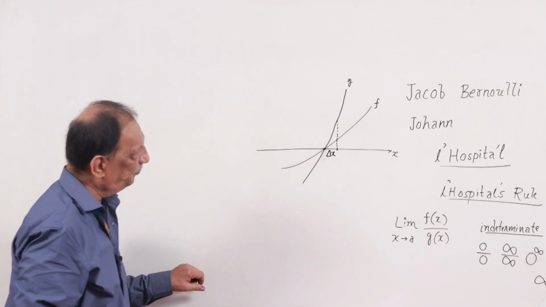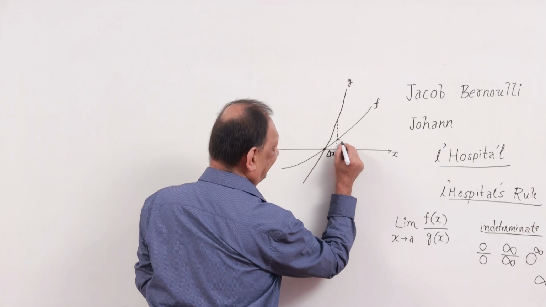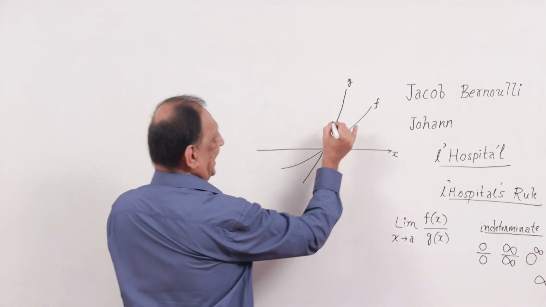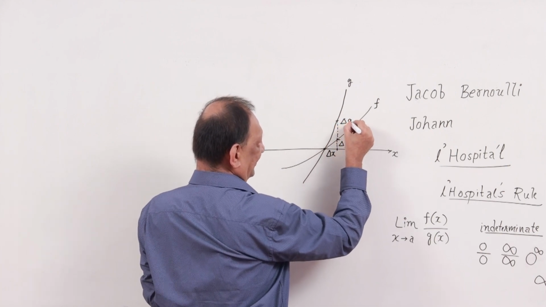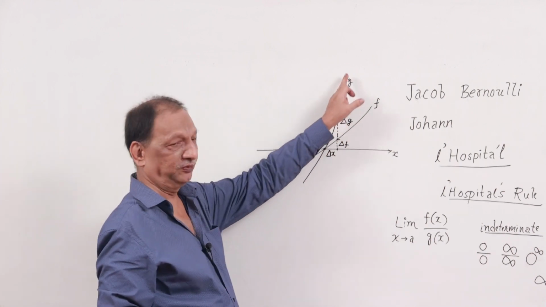On the x-axis, corresponding to the delta x, you have a delta f, which is the height up to the curve f, and a delta g, which is the height up to the curve g.